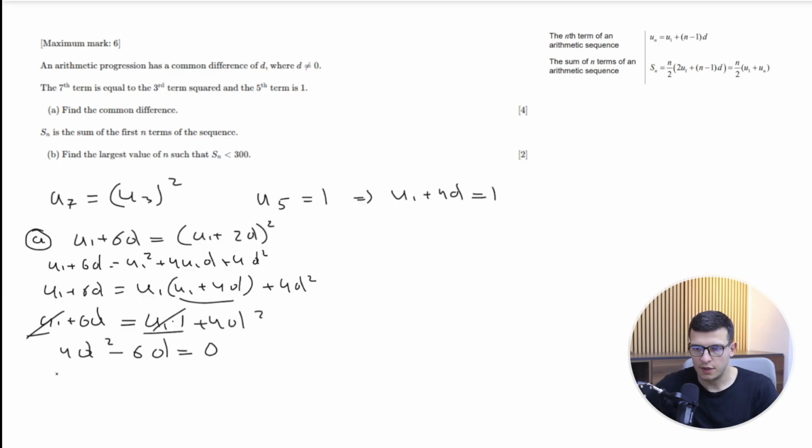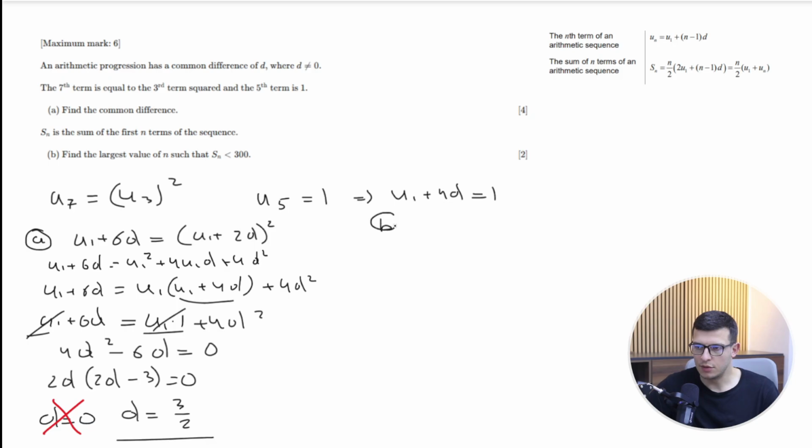So I'm going to factor out 2D, and that's going to give me 2D times (2D minus 3) equal to 0. Now, this equation has two answers. One of them is D equal to 0, but that's not good because the question says D is different than 0. And the other one is going to be 3 over 2, but that's good.